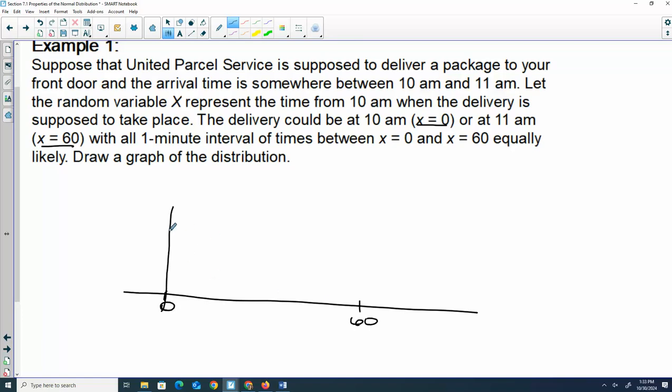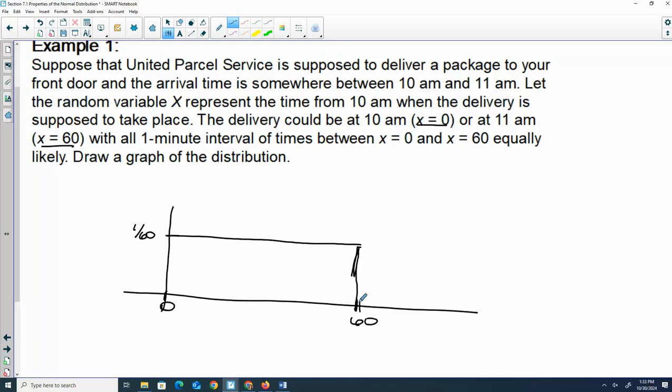How did you get that? So the length of this interval is 60. Total probability is 1, so the probability of everything is 1 out of 60. So it's basically just like a rectangle. The height all the way across is 1 out of 60. No matter where you fall, you have the exact same probability.